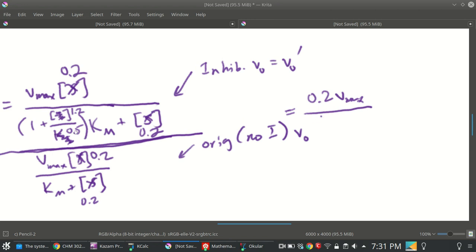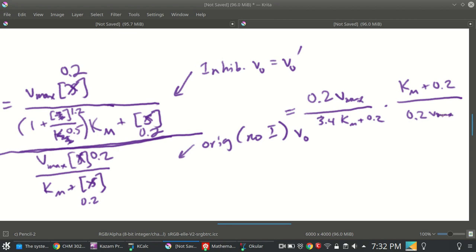Now 1.2 over 0.5 is 2.4. So 1 plus 2.4 is 3.4. So 3.4 times Km plus 0.2. So the inhibited V naught prime divided by the original V naught is equal to the inhibited V naught prime times the reciprocal of the original V naught. So here's the reciprocal, Km plus 0.2, divided by 0.2 V max.